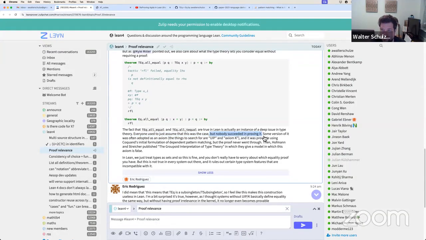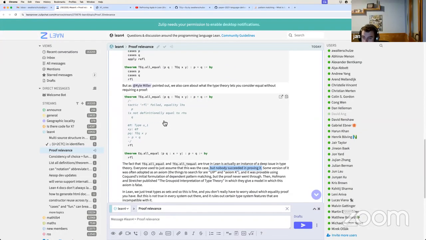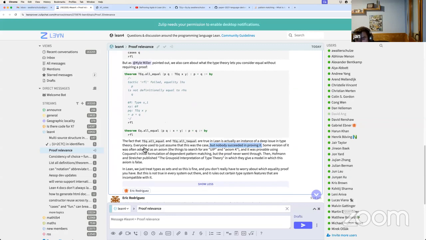I'm gonna assume that. Some version of it, yeah. I understand that they assumed it was true, but they didn't succeed in proving it was true. So it had the common issue because everyone assumed it was true, but it was never proved.